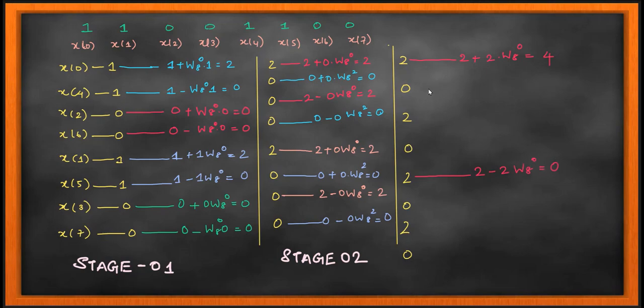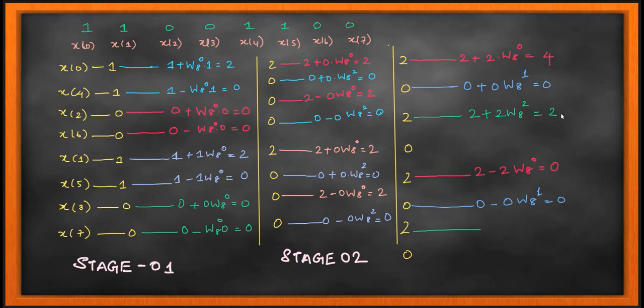I've written my sequence output 20202020, and now what is the grouping that I'm going to use in my stage 3? In my stage 3 I am grouping my first sample with my fifth sample. So what does this grouping mean, why are they so far away from one another? It is because if you look at the input side, my first 4 samples are my even group, and the last 4 are my odd group.